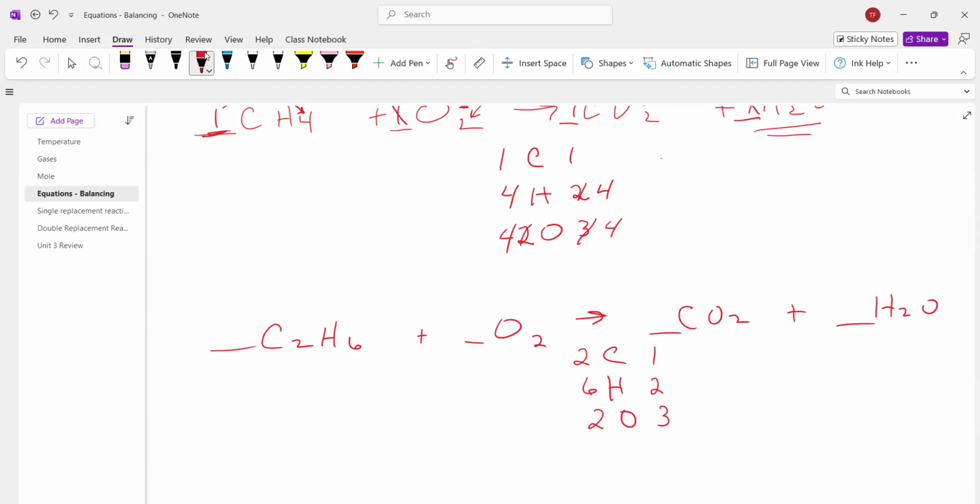Well, one thing we can do to fix the carbons is to put a 2 here. That'll make our carbons 2. But our oxygens now are changed because of that. So we have 4 here and 1 there, so that's 5.